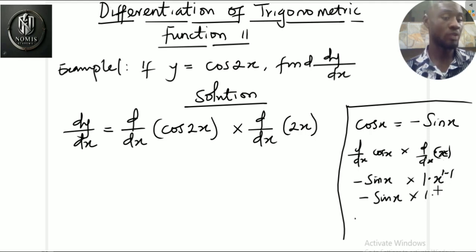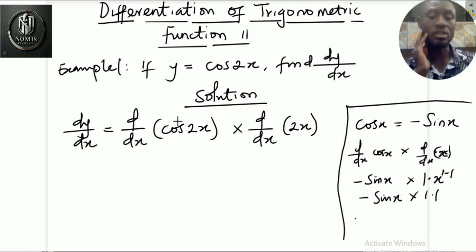So x to the power of 0 is 1. So everything here is 1, 1 times 1 is 1. So everything here is minus sine x. So this is how we actually got the derivative of cos x to be equal to minus sine x. So we're going to use this process now to solve this particular question.